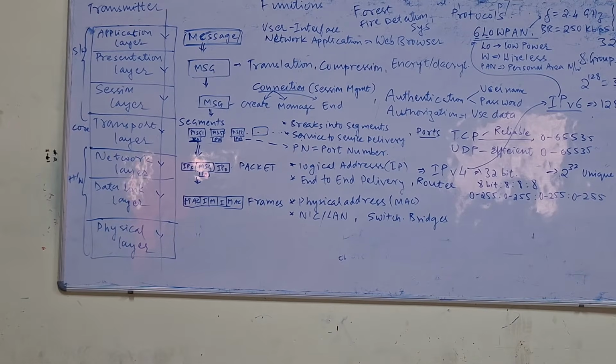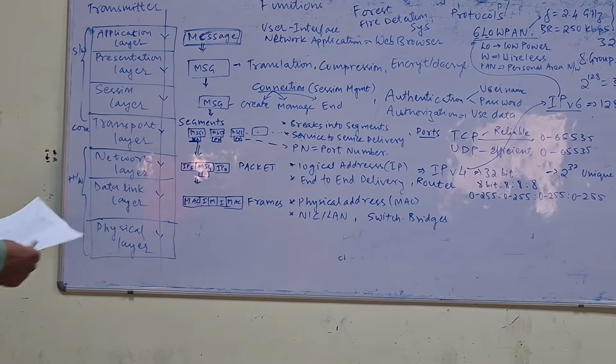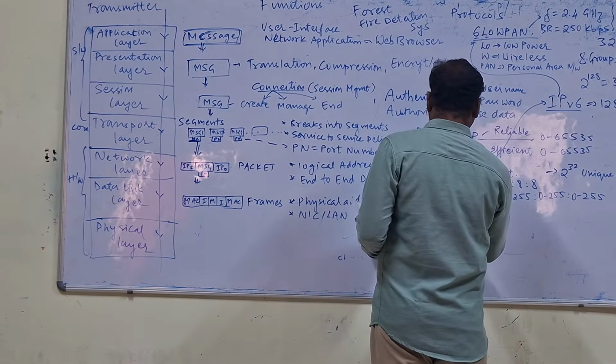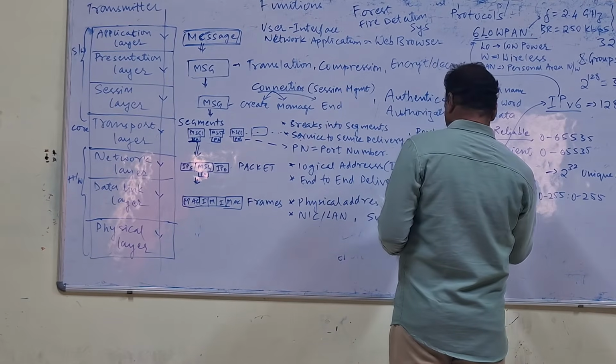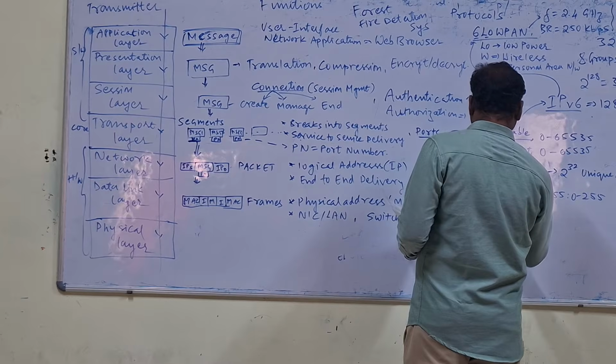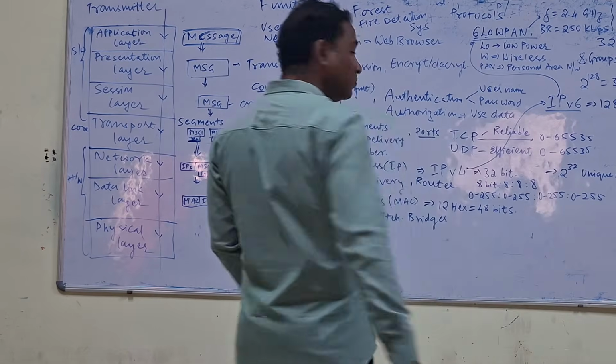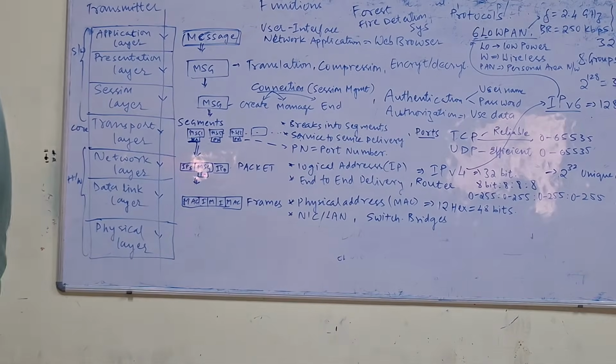Am I correct, Abdul? So how does the MAC address look? A MAC address is 12 hex numbers, which is equal to 48 bits.